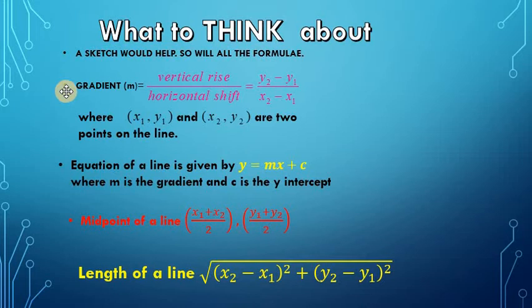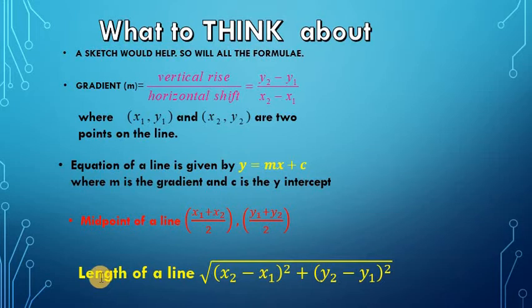Also, the midpoint formula. The midpoint of a line is given by (x1 plus x2 over 2, y1 plus y2 over 2), where (x1, y1) and (x2, y2) are the endpoints of the line segment.